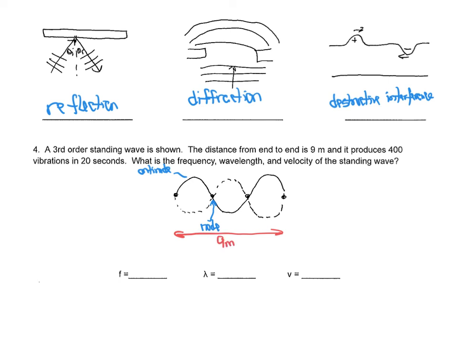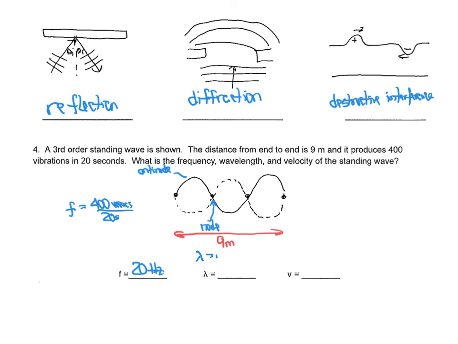Okay, and it's producing 400 vibrations in 20 seconds. So that sounds like a frequency thing, right? So frequency, 400 waves in 20 seconds. So that's going to be 20 hertz, right? Perfect. All right, wavelength of a standing wave. Remember, by definition, it's node to node times 2.